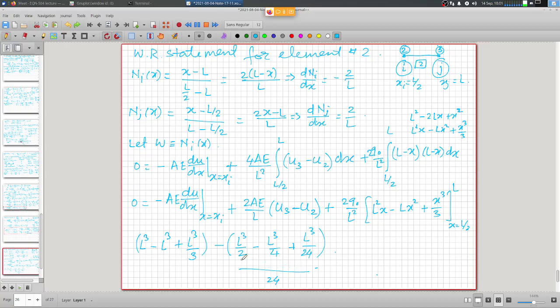So this is 12 minus 6 plus 1. So this is 7 by 24. So you have L cube by 3 minus 7 L cube by 24.